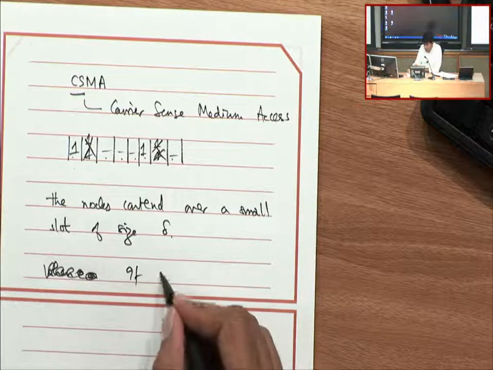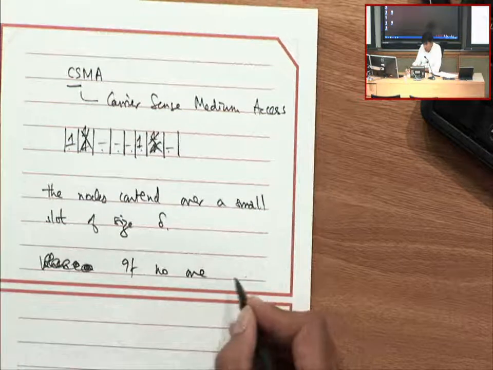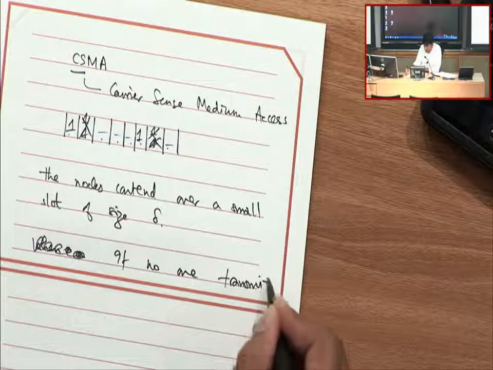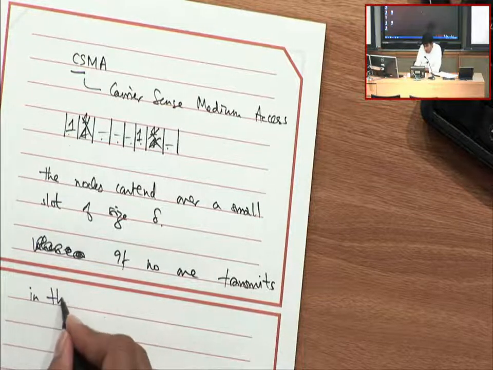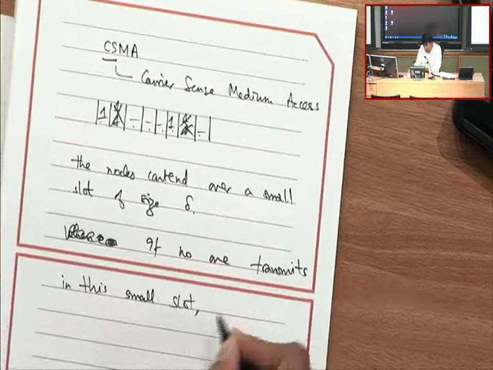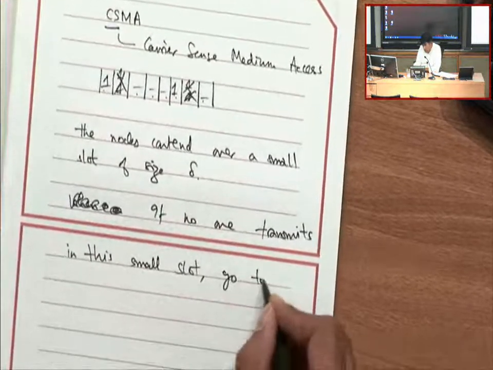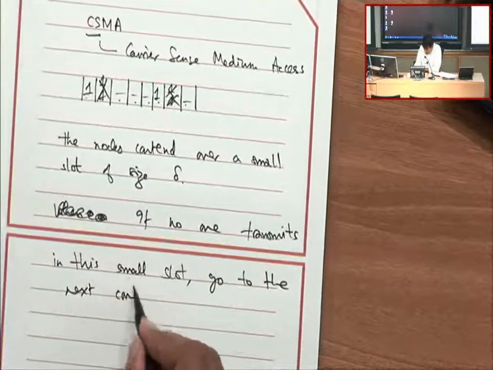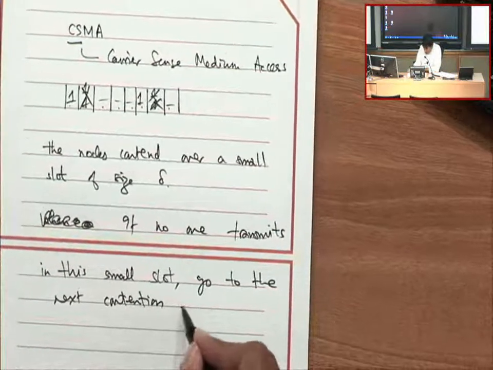If no one transmits in this small slot, they simply go to the next contention slot, and repeat.